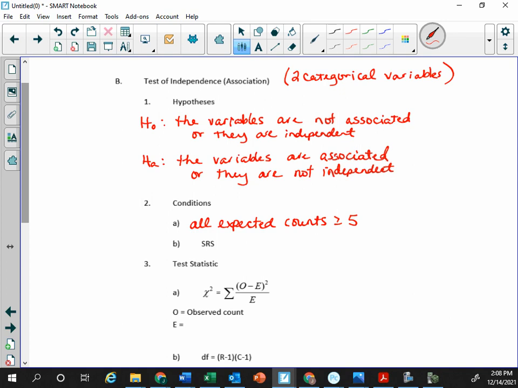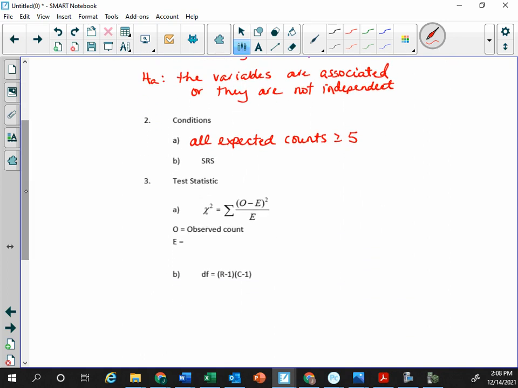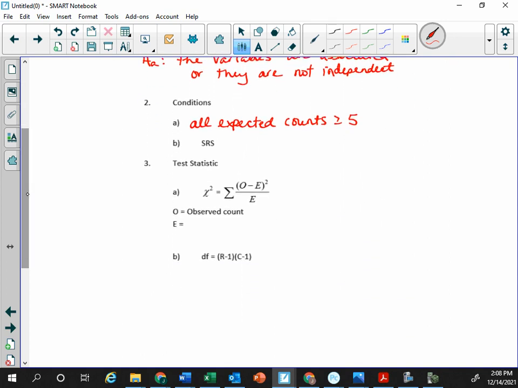And then your test statistic, all of this stuff is the same as it was for the first chi-square. So you've got your chi-squared equals the sum of observed minus expected squared over expected. Again, the E is the expected count. Now, degrees of freedom looks different. R minus 1 times C minus 1.